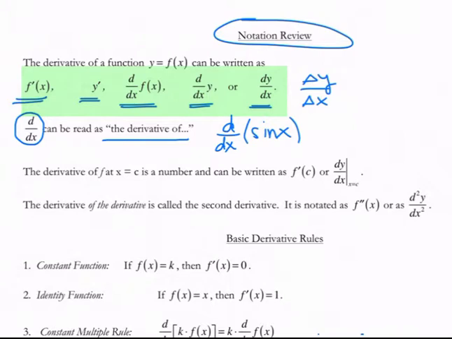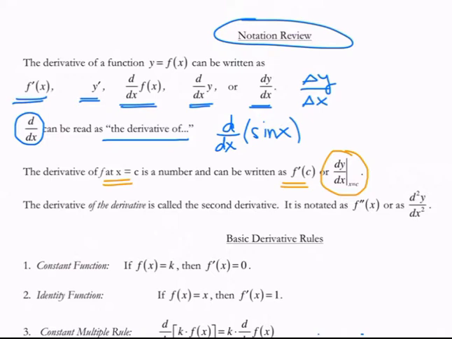If you want to do the derivative at a particular point, we remember that a derivative at a particular point is a number, right? Like the derivative at x equals 3 might be a slope of 7 or something like that. And we just plug it in. So f prime of c would be a number. And in the Leibniz notation, we write it like this, where this vertical bar is called an evaluation bar.